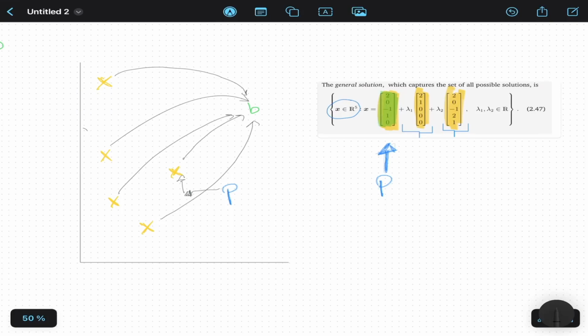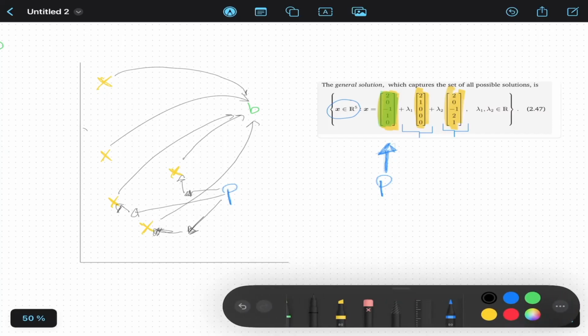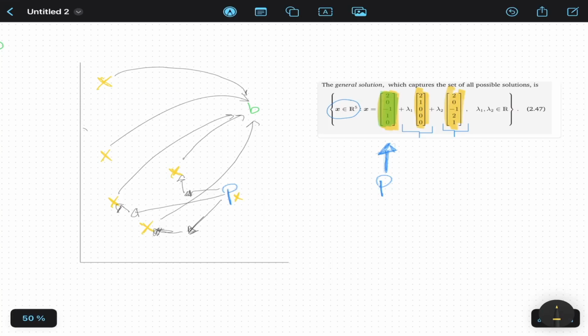For a different number, again 2 additions, lambda 1 and 2. And you will always arrive at one of those x points. And in case lambda 1 and 2 are 0, you will just stay where P is.